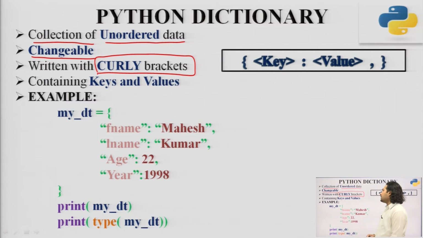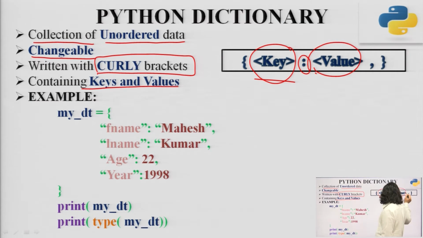But the important difference from the set data type is that it contains the members as keys and values. That means whatever members are present in the dictionary, they are in the form of key value pairs. The syntax for the key value pair is that first the key is mentioned, followed by the colon, followed by the value, followed by the separator for the next pair.